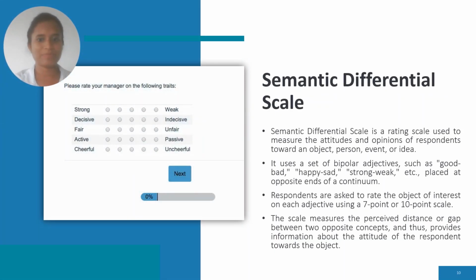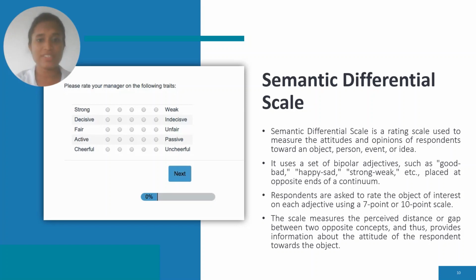Next, we are coming to the semantic differential scale. It is similar to the Likert scale, but it is different from that. The semantic differential scale is a rating scale used to measure the attitudes and opinions of respondents towards an object, person, event, or idea.